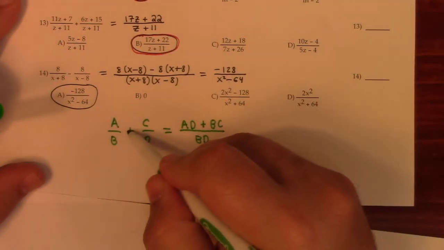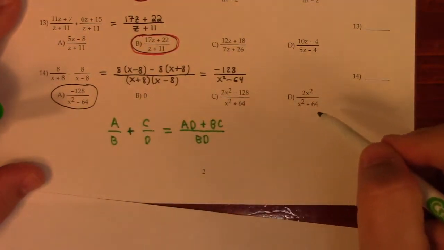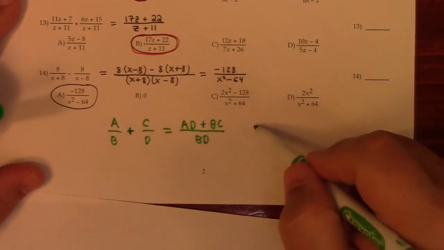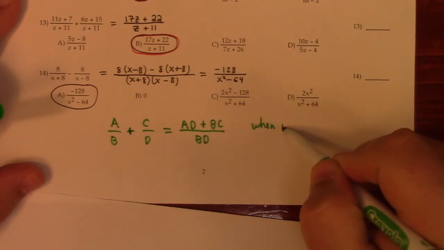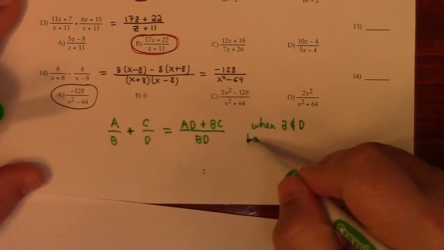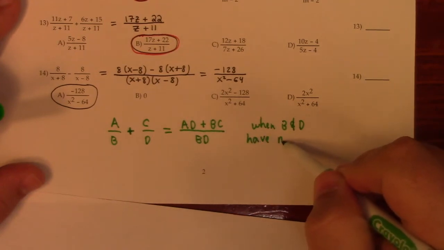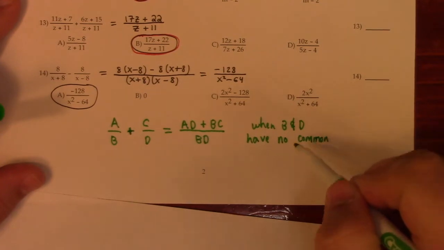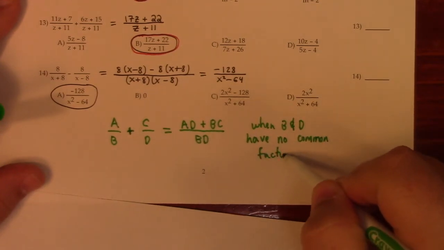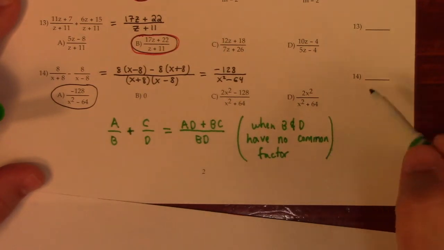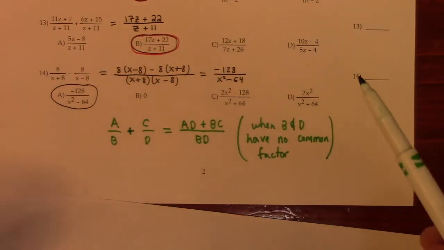So this is a useful identity to remember, to put into play, again, when B and D have no common factor. This is a good way to go. Okay. I mean, the identity is still true when B and D have a common factor.